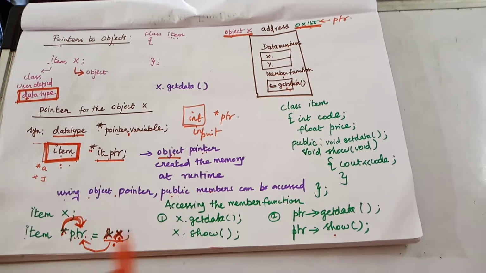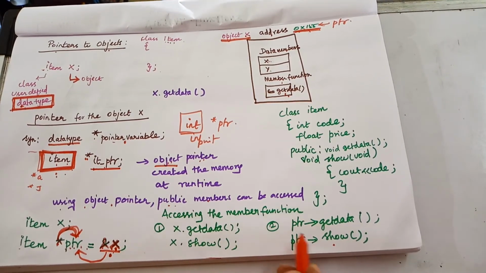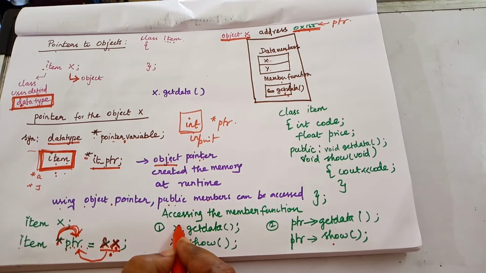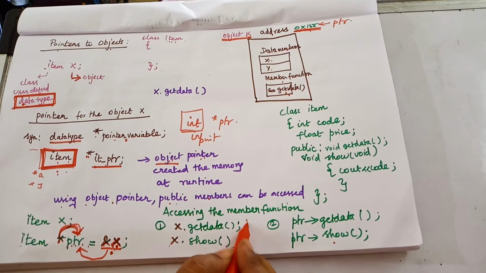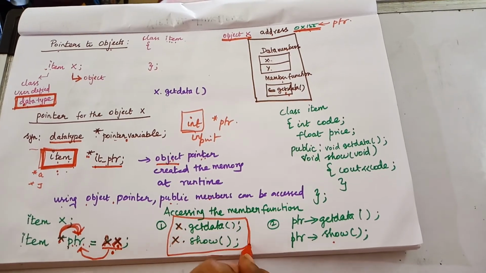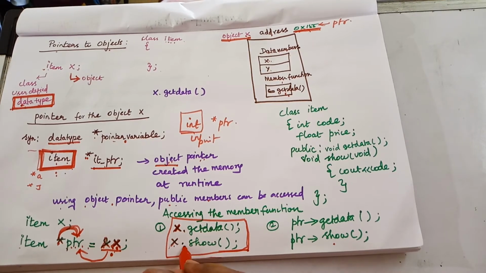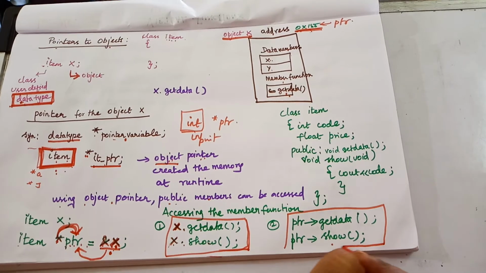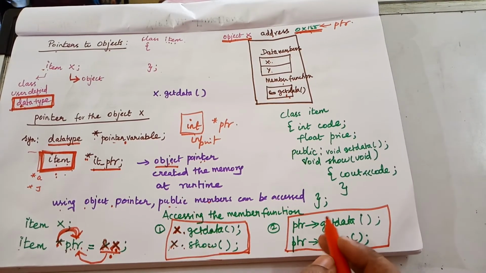So you are allocating the memory. Then how are you going to access your member functions? You can access them in two ways. Normally, without a pointer, how do you access? x dot get data, x dot show data. This is the normal way that you used in all the previous programs. But now you are using a pointer, so you can use this syntax to call your member functions.